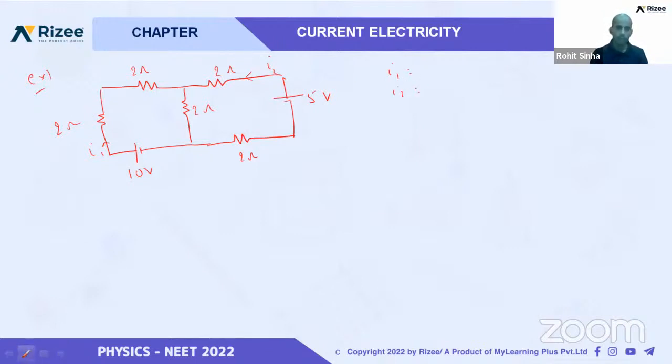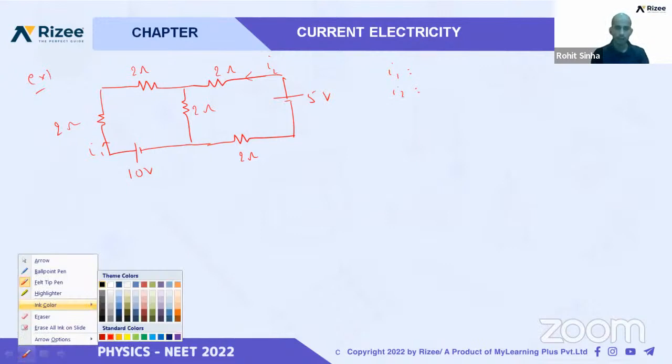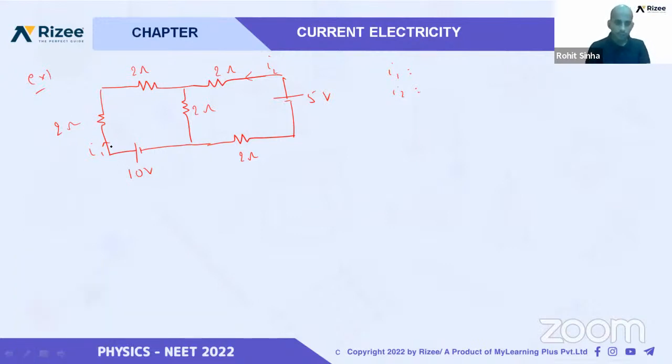Okay, how to proceed? For this type of question, if current is not given, then we have to assume I1 and I2. Let us suppose I1 current flows from here, and in this type of series connection, the current is the same. I2 is the current coming from this side.